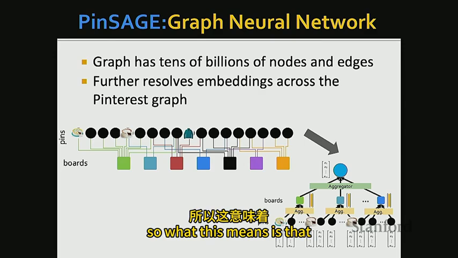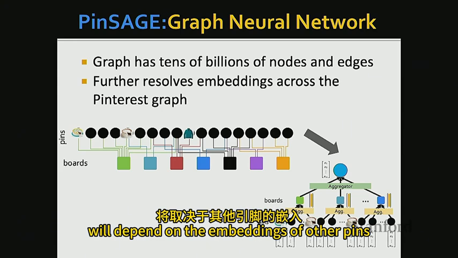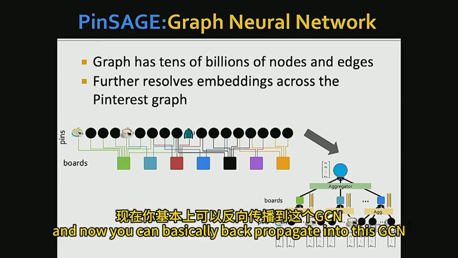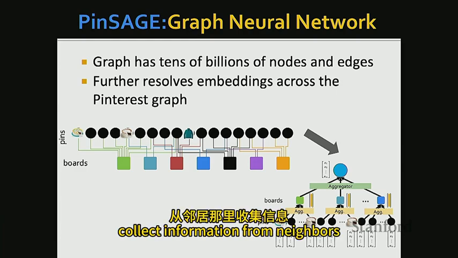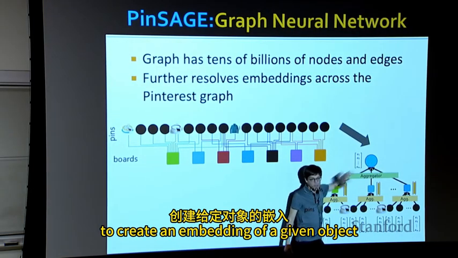So what this means is that the embedding of a given pin will depend on the embeddings of other pins that it shares boards with. And now you can back propagate into this GCN to learn how to optimally collect information from neighbors to create an embedding of a given object.